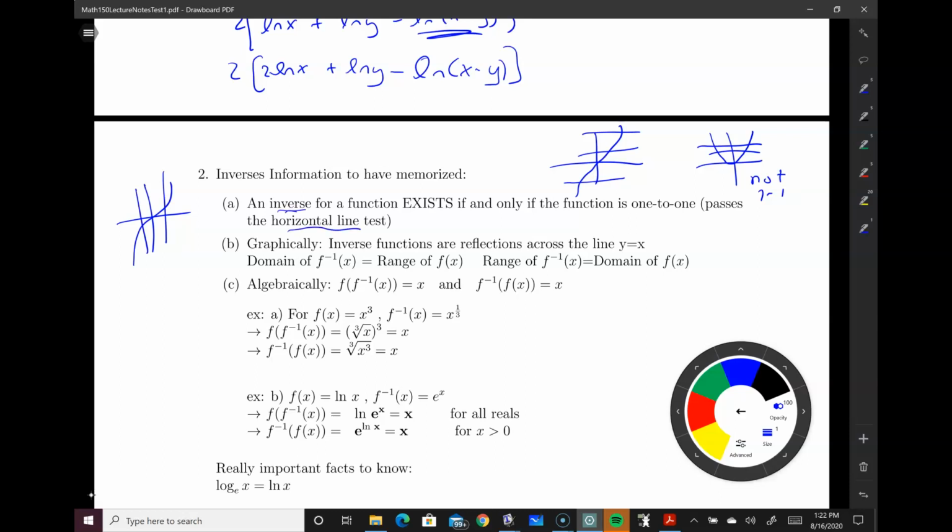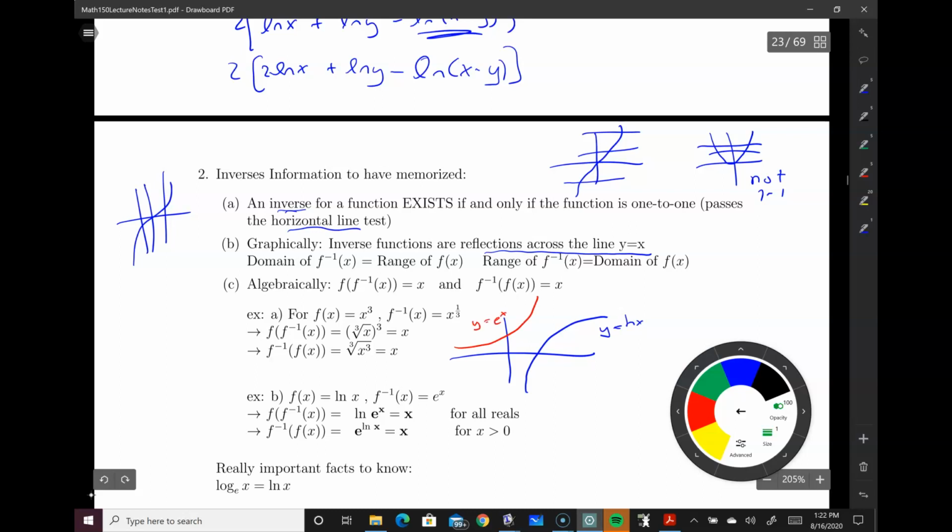Okay, so there is a property that there are reflections across the line y equals x. So if I was to graph y equals ln of x, and then y equals e to the x, they really are mirror images across this line. So if I folded the paper, they would be mirror images across that line.